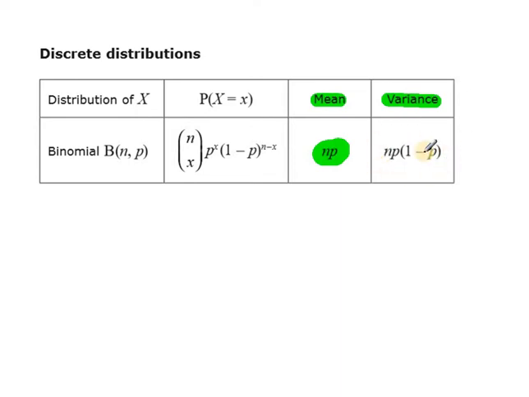Now the formula for the variance, you might find this in other sources written as npq, where the q represents 1 minus p. If p is the probability of success, then 1 minus p is the probability of failure, which is represented by q.